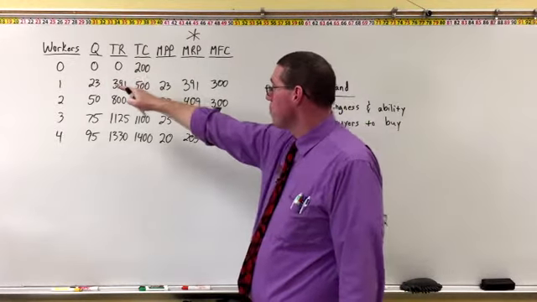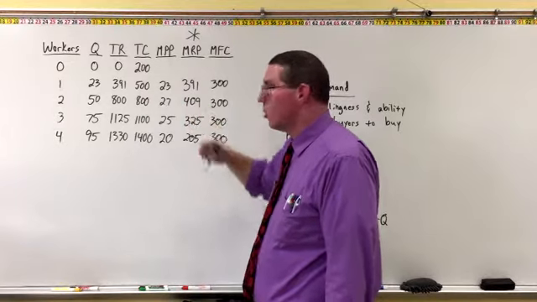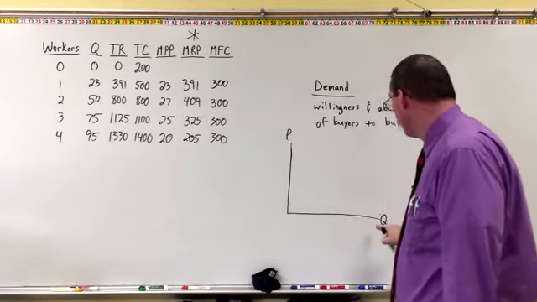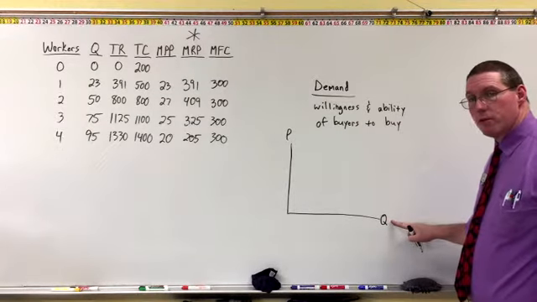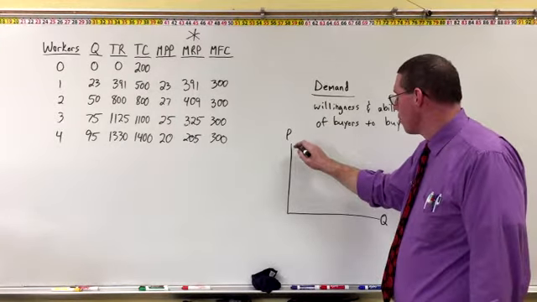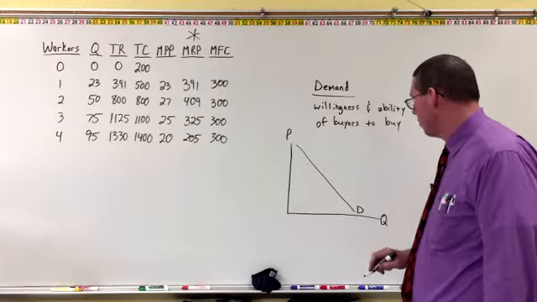If the price of the first factor was $500, they would not buy it because they're only going to earn $391 in revenue. And so the relationship between the quantity of a factor of production that a business is willing to buy compared to its price is a downward sloping curve. It's a negative sloping curve, and that is the demand curve.